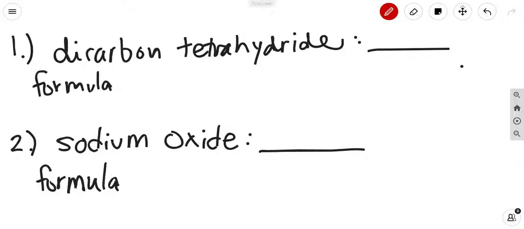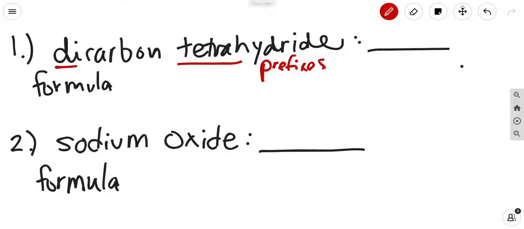Okay, so you should have paused it and done the examples. All right, so the first one we have is dicarbon tetrahydride. Right away, the first thing I read was dicarbon tetrahydride. These are both prefixes.